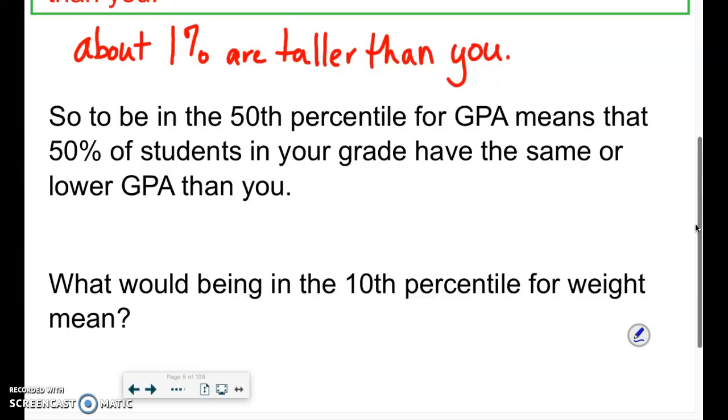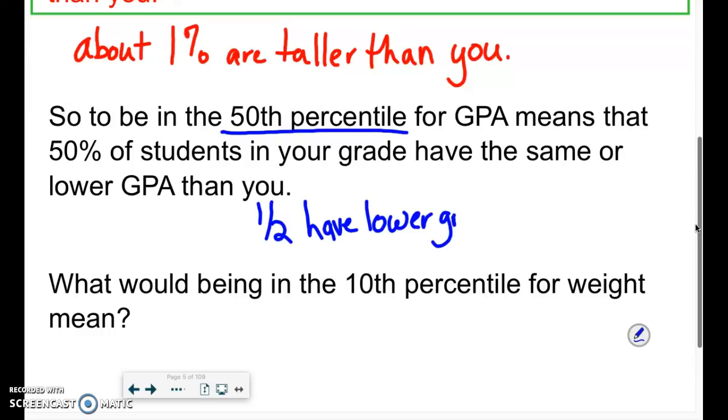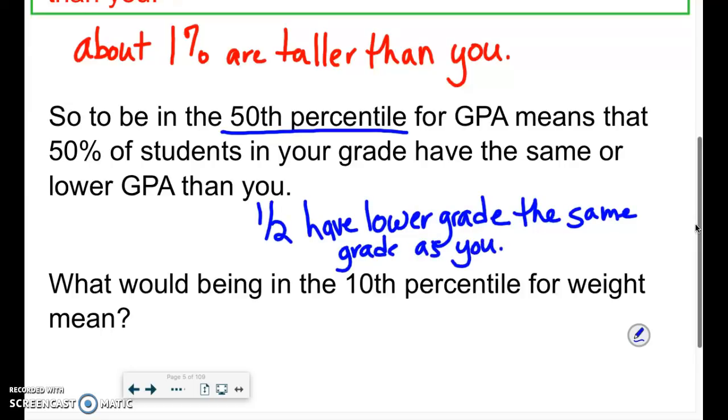And if you are in the 50th percentile, that means half have lower grades or the same grade as you. And the other half would have a better grade than you.